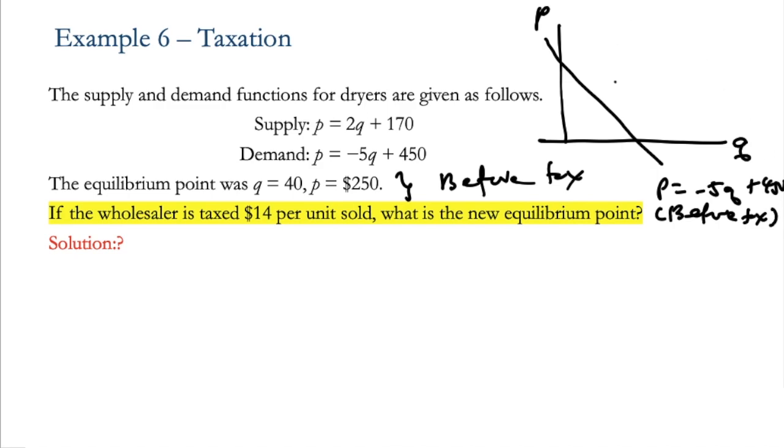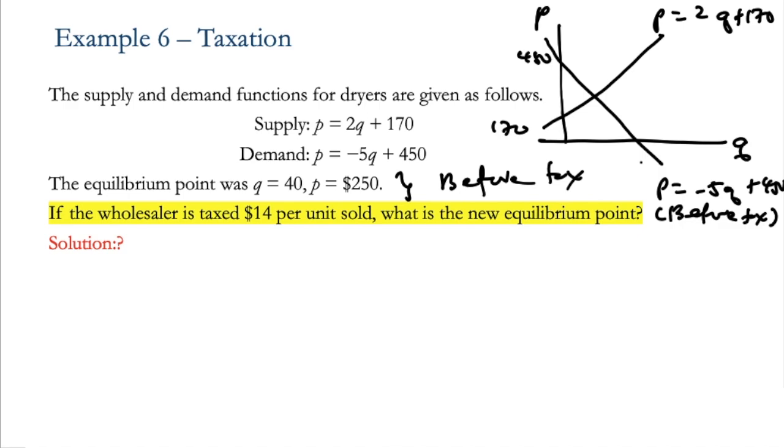And then we have the supply curve, P equals 2Q plus 170. So if you see here, 170 here, 450 here, and then what's the idea here?